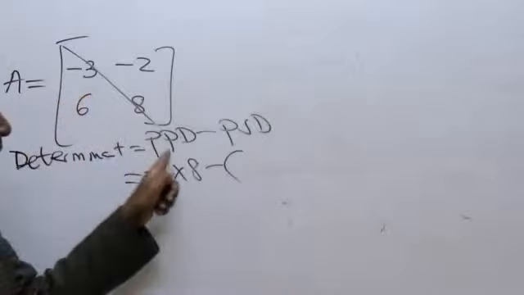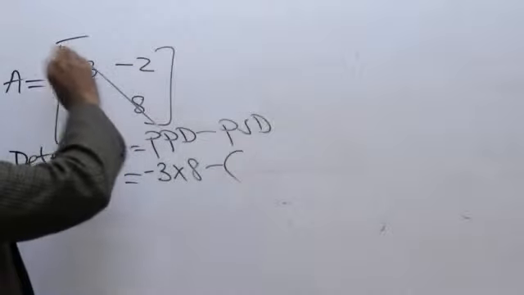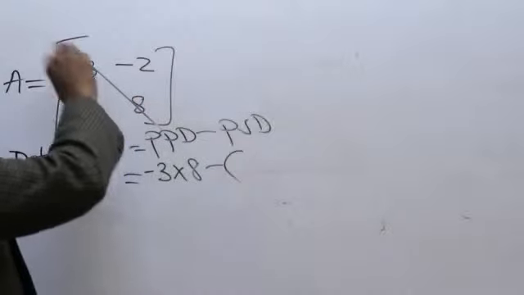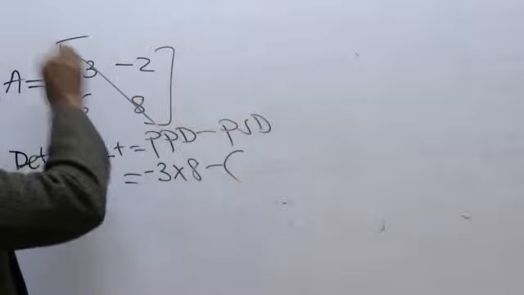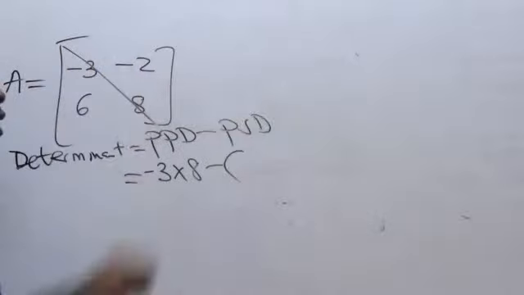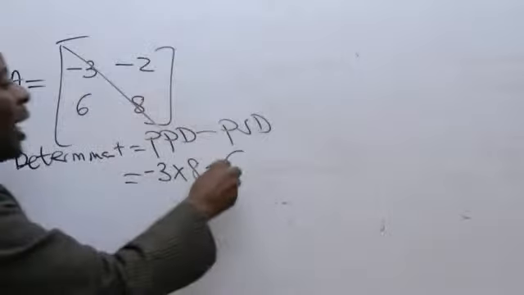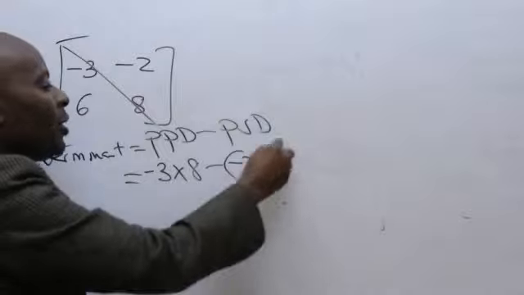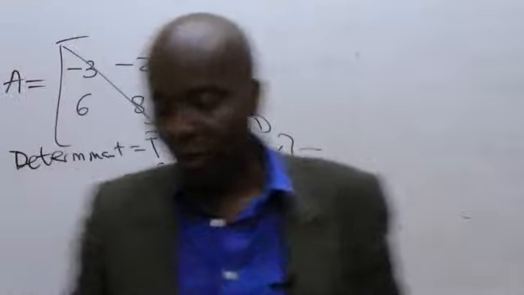Remember, the primary diagonal elements are those in the leading diagonal, the one that starts from the first element of the entire matrix. The other diagonal will be the lagging one, so we have -2 by 6. Could you kindly give me an answer at the end of the day? What do we have here?